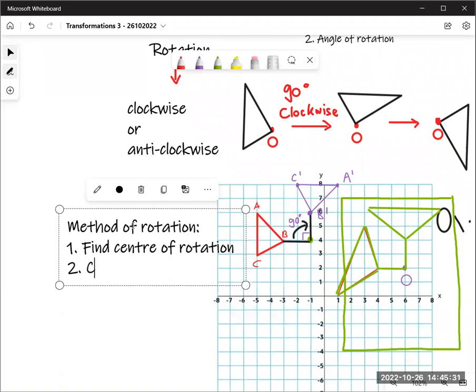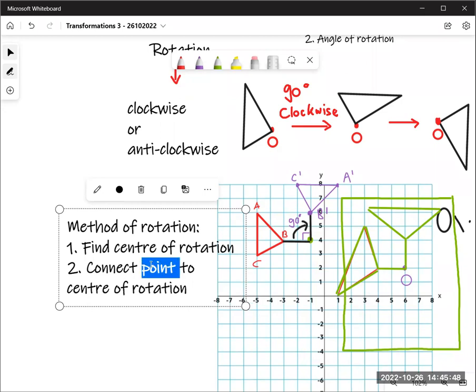Second thing is to connect the point to the center of rotation, and then rotate. Or let's just say connect, make an axis.